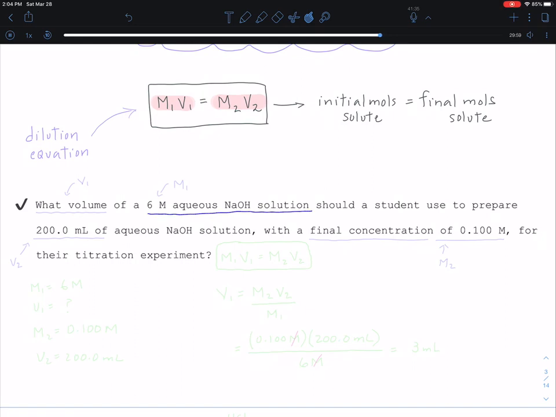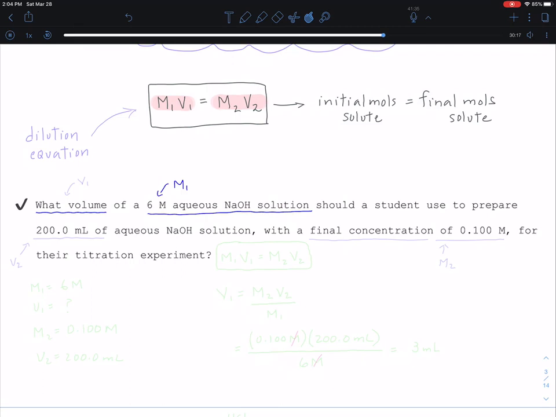So this right here is your initial concentration. They want to know what volume of that needs to be used to prepare 200 milliliters of an aqueous solution that has a smaller concentration.